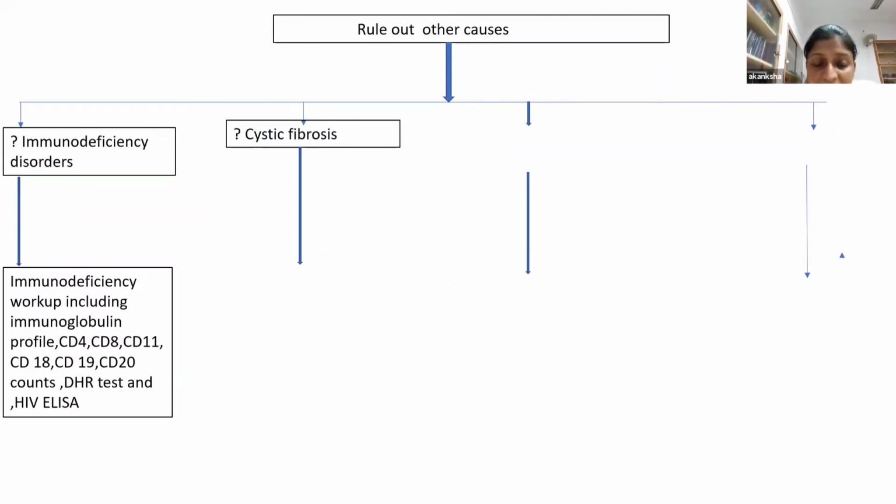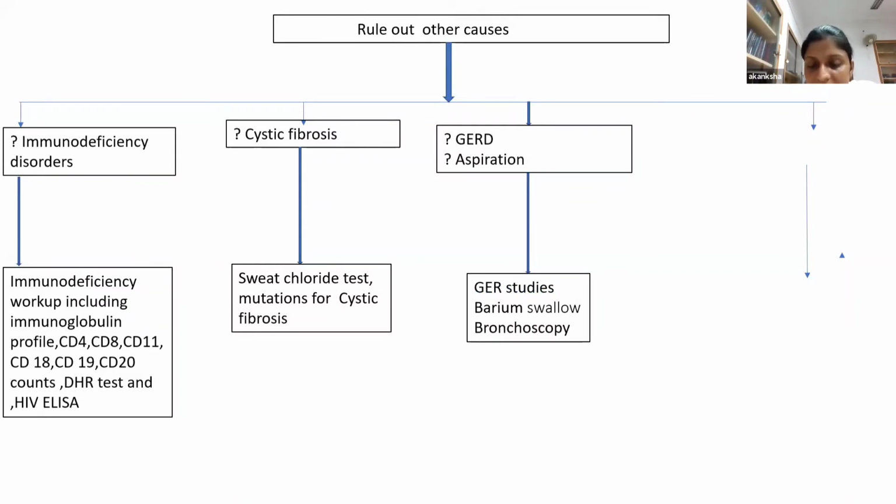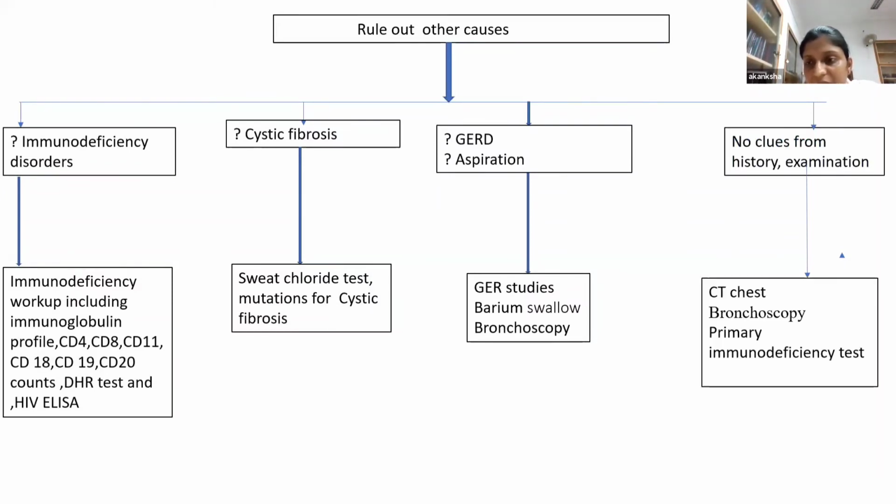If there was high suspicion of cystic fibrosis, then sweat chloride test and mutations for cystic fibrosis were done. If there was suspicion of GERD or recurrent aspiration, then GER studies, barium swallow, and bronchoscopy were planned. If we get no clue from history and examination, then at last we can go for CT chest, bronchoscopy or primary immunodeficiency test.